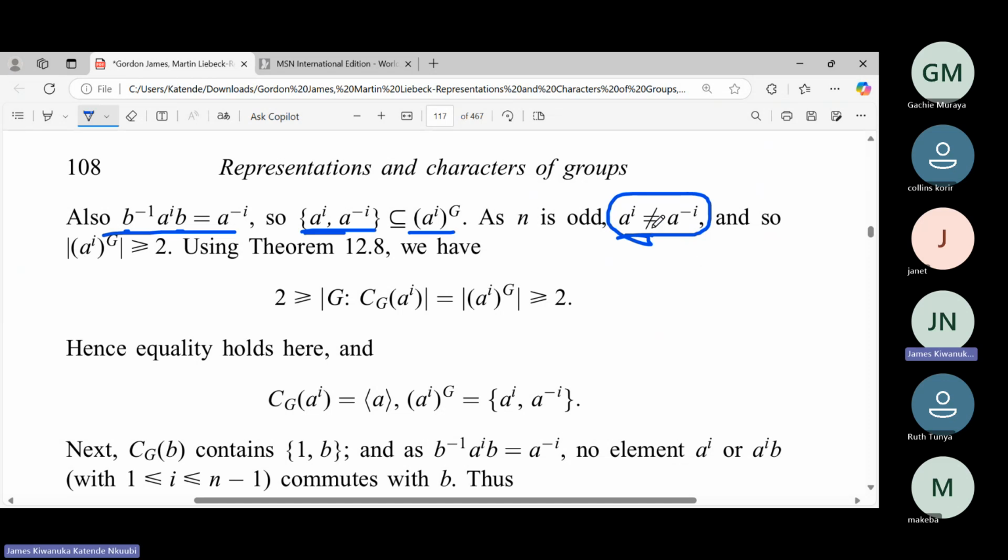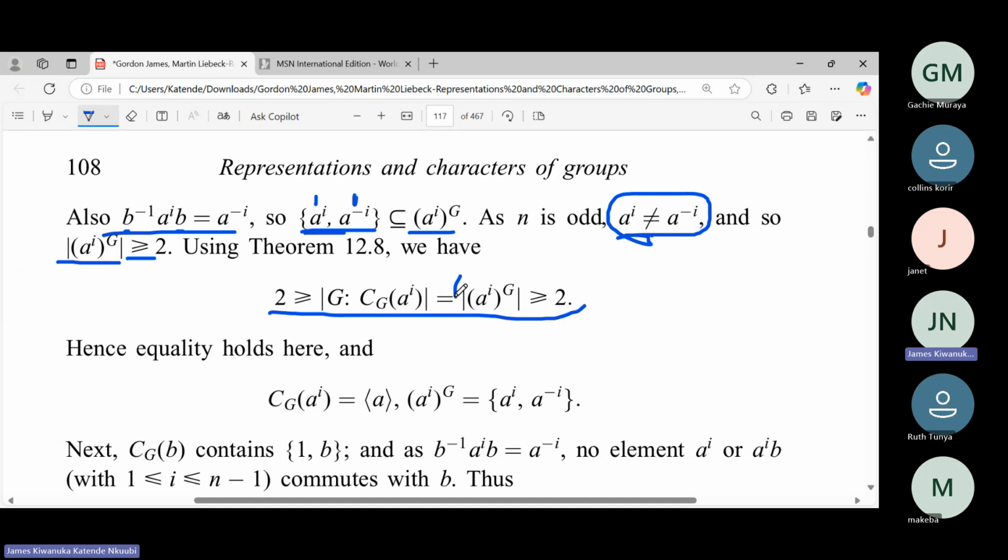So since the 2 elements in the conjugacy class are this a^i and a^(-i), and they're distinct, then this would be the smallest possible number of elements. There might be more, we just don't know. So the number of elements should be greater than or equal to 2. So we have a sandwich kind of thing.